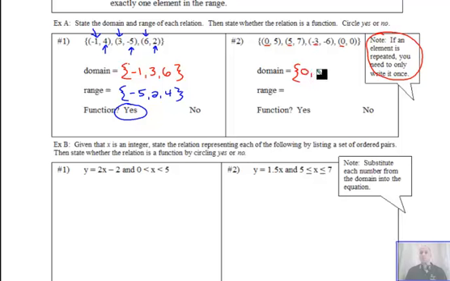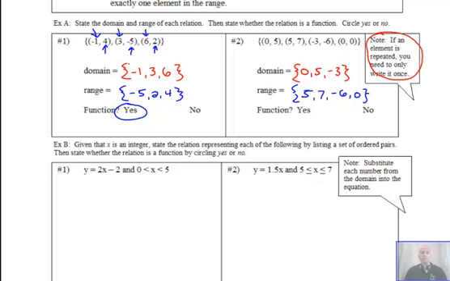So we have 0, 5, and -3. Notice I wrote those in random order. The range: I have a 5, a 7, a -6, and a 0. It has to be written as a set.